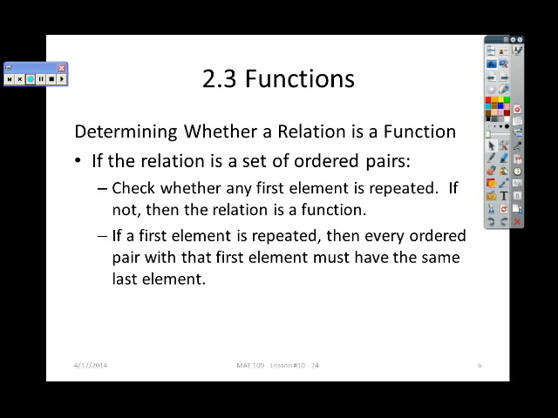But if you do repeat, it's still possible to be a function, but only if, when a first element repeats, the second elements are the same. If the first element repeats and the second element does not repeat, then it's not a function. So it depends on what you do when you check.